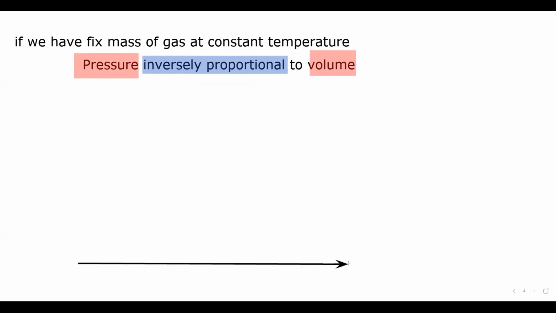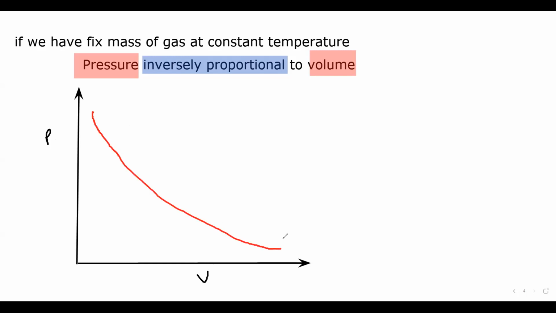If you remember, I told you whenever the graph is for inversely proportional quantities, if we have pressure on the y-axis and volume on the x-axis, it will always be a curve. And what it shows, you can see, is that if the volume is increasing, the pressure is decreasing. And if the pressure is increasing, the volume will decrease.